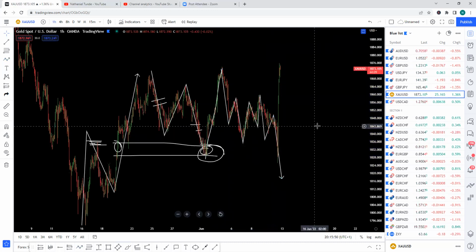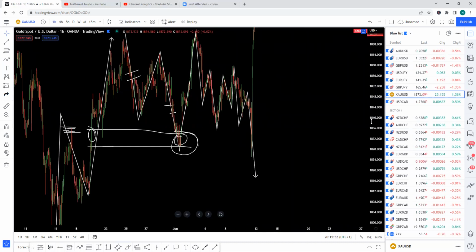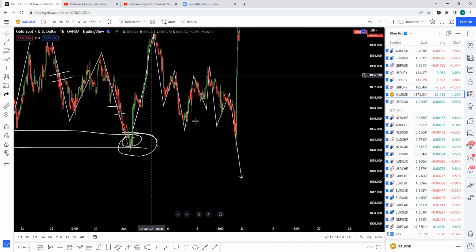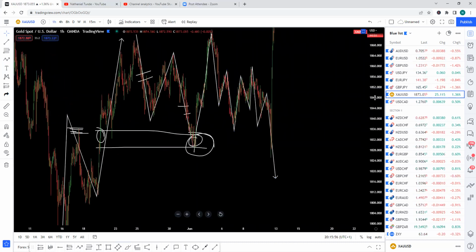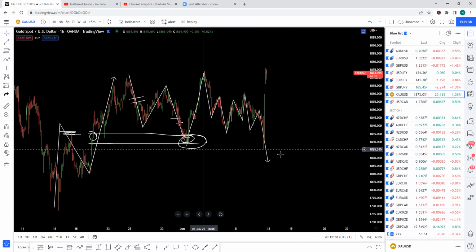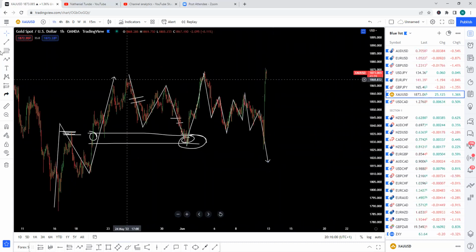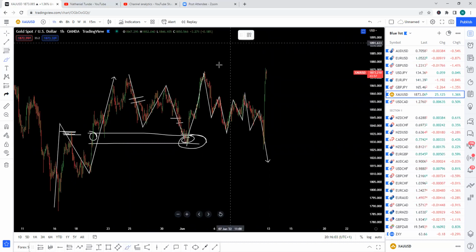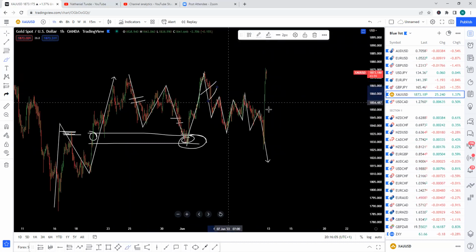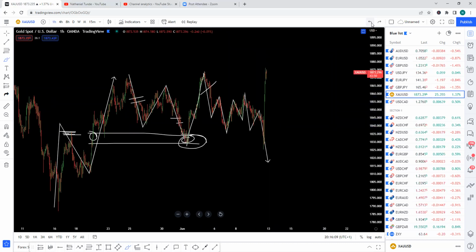I say yes, this is a possibility. And if this is a possibility to have an X structure, a B structure that is WXY, it then means that the legs we have here in these 3 waves should have this here.